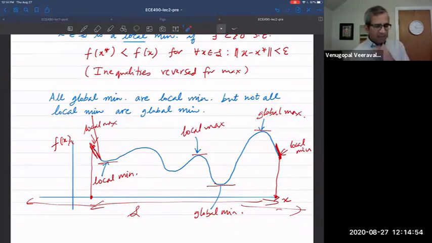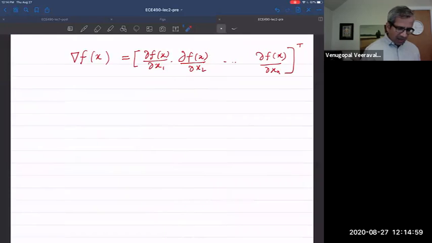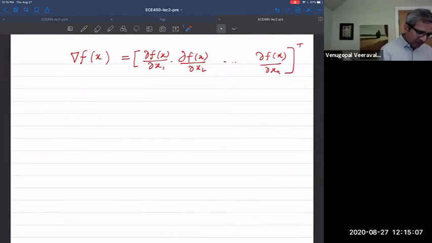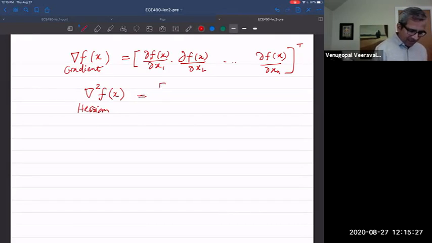So there is actually an equivalent condition in n dimensions, and that's based on a matrix, which is why matrices are very important for this course. You look at what's called the Hessian. This is the gradient, and this is called the Hessian. The Hessian is a matrix that has all the second derivatives in it.